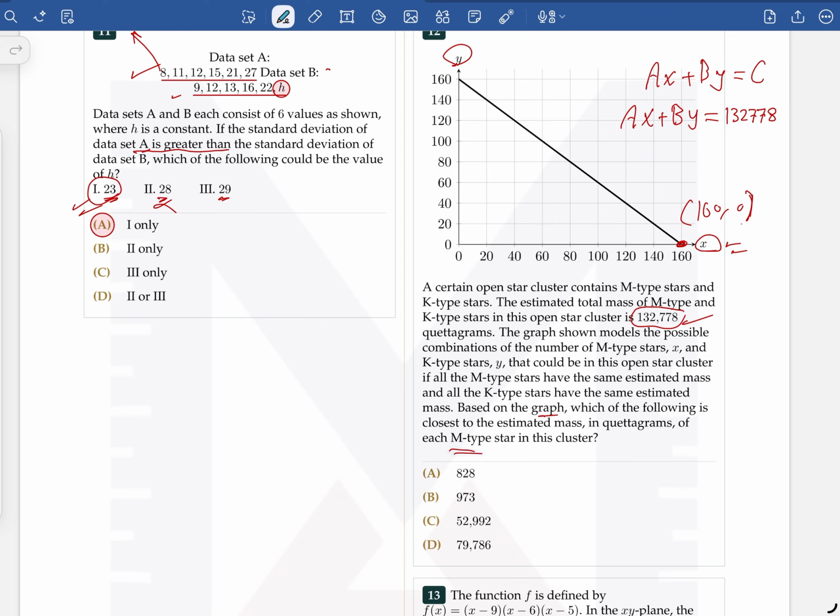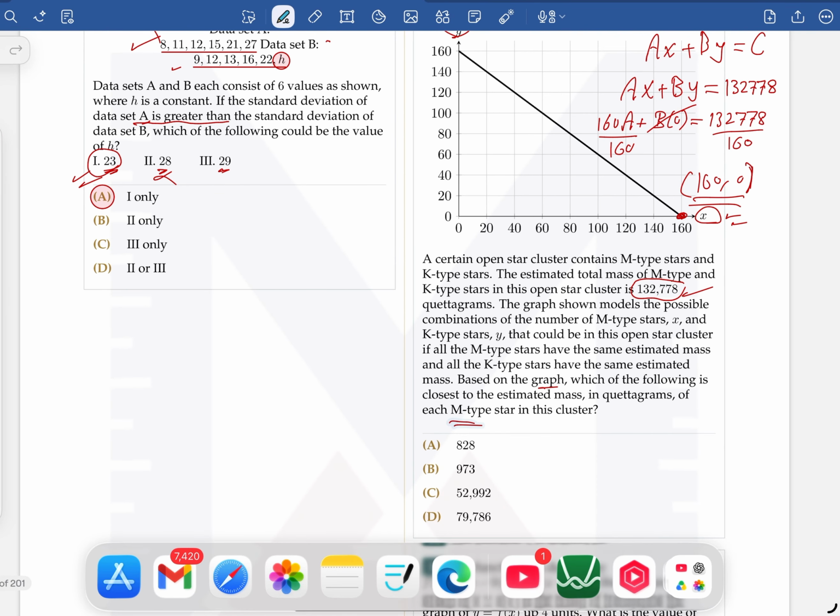And here we can choose one point like this, because this point lies on the line, and this is the easiest one to choose, because X can be replaced by 160 and Y by 0. So we can write 160A plus B times 0 equals the same number. Now B cancels out, and if you want to get the value of A, just divide by 160.